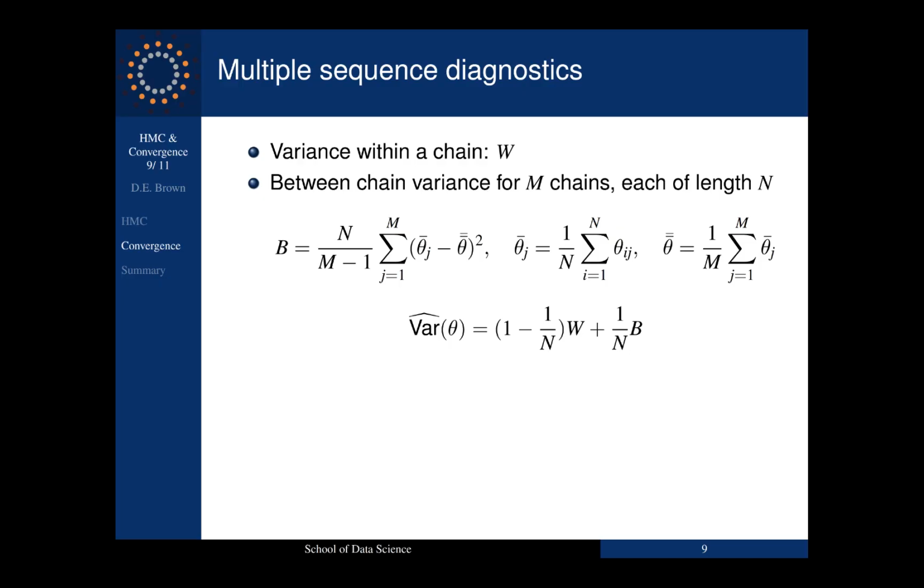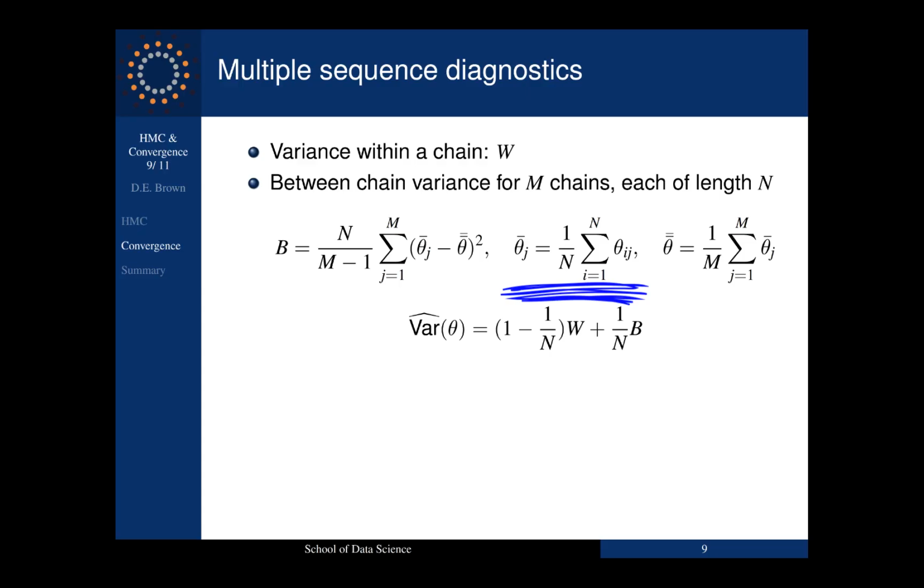The between chain variance for these M chains, again, our example had 4, of some length, capital N, is computed in the following way. We first compute the average for each one of the chains. And the average is over the particular parameter or variable that we're interested in. For example, we're showing here as theta, and the theta could be a parameter from a beta, it could be a parameter from a binomial, it could be one of the parameters in a multinomial or in a Dirichlet.